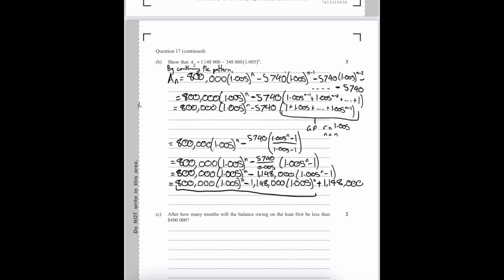These two terms are like because they both have the 1.005 to the power of n as the common term. And then what we end up getting is what we need. So then we get 1,148,000 minus 348,000 outside of 1.005 to the power of n.